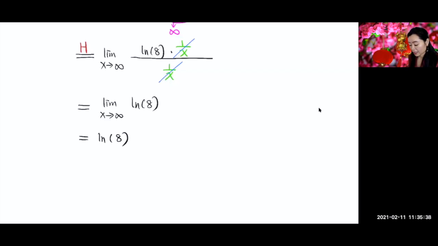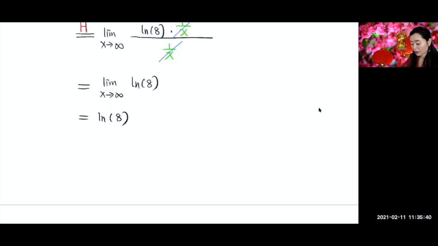This is the limit of Ln of y, but we are trying to find the limit of y. Remember this is the limit as x goes to infinity of Ln of y, and what we are looking for is the limit of the function y.